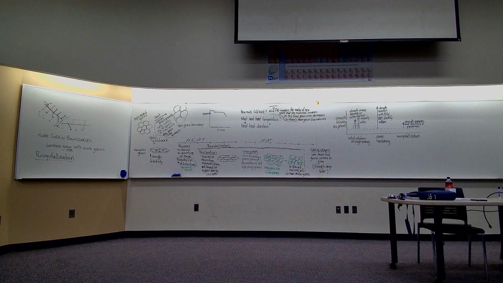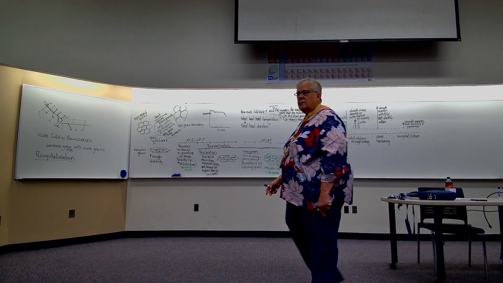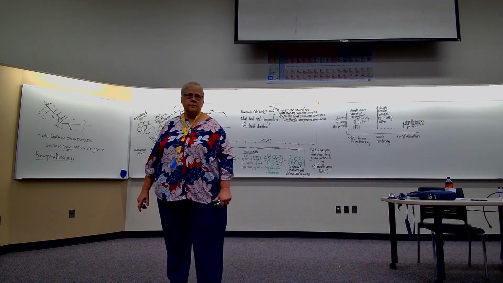There's a multi-factor equation that you might be able to create where you can input all of those variables and predict recrystallization time. Or you could just do it the old-fashioned way, like they've been doing since King Arthur, and just test until you find it. Okay?